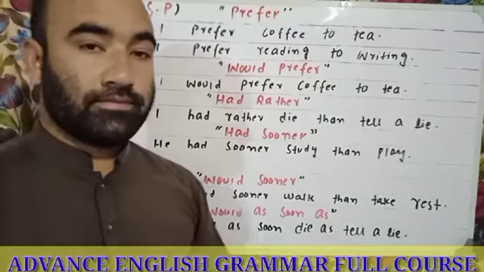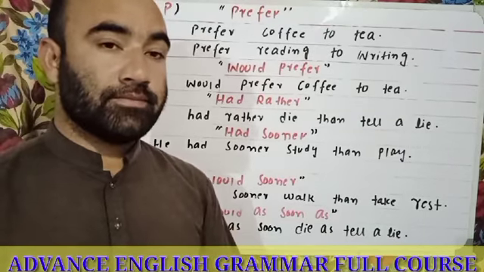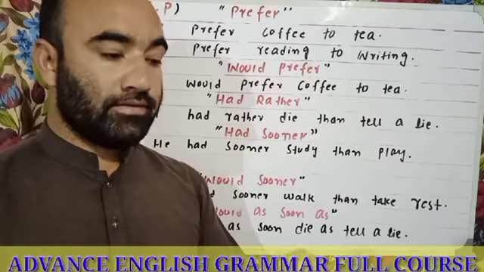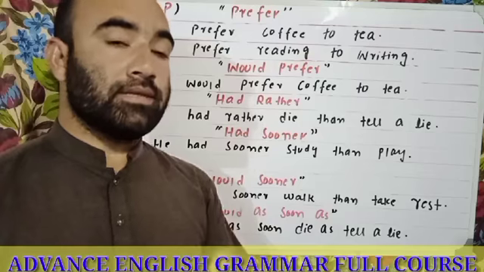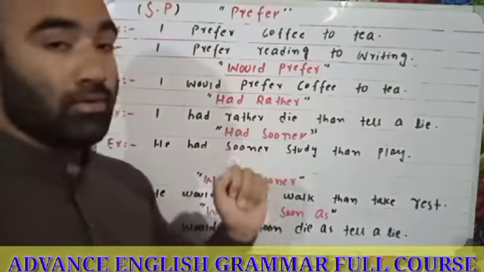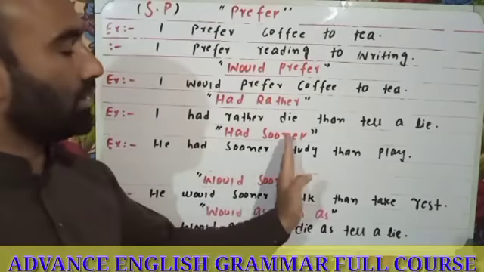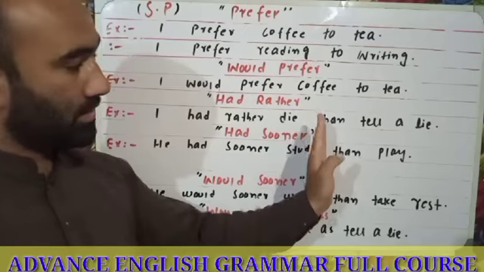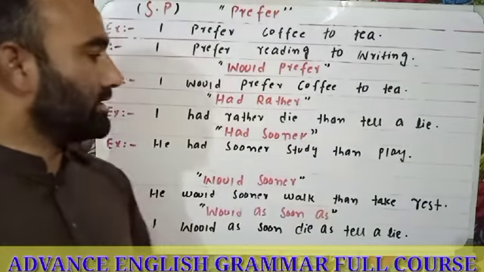Had rather, it is used in the present and for the future. It gives us the meaning of the present and the future. Example, I had rather die than tell a lie. This is the example of this.